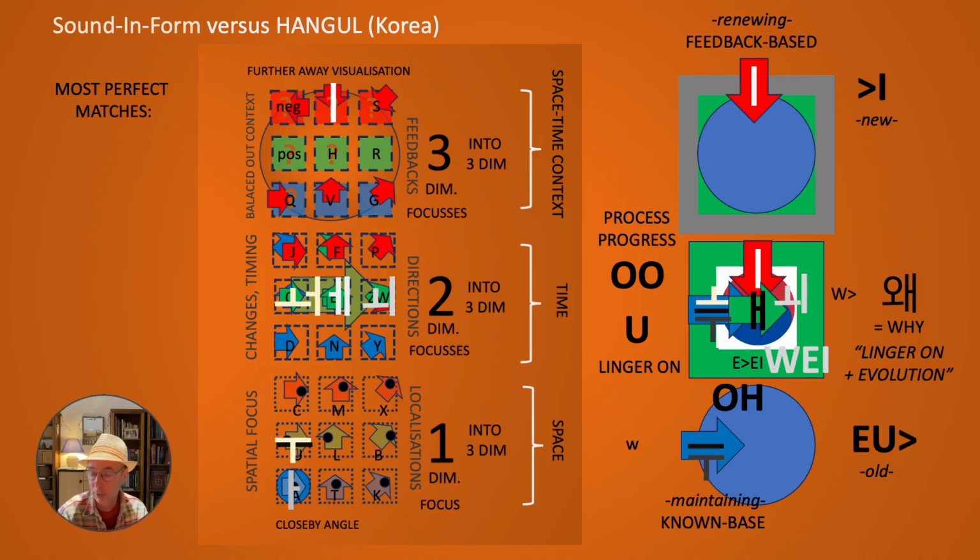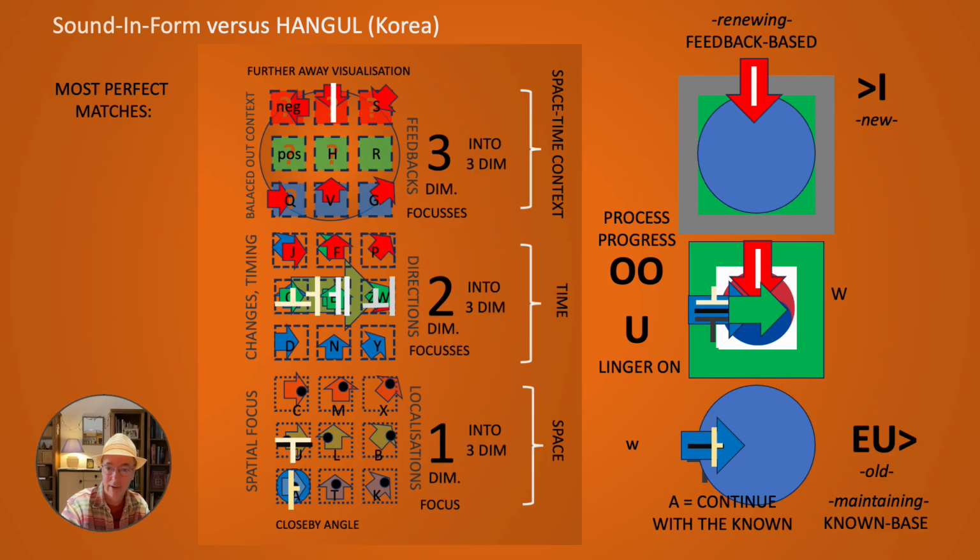With wae, it has a meaning also. It is a word, and it means why. It is that lingering on plus its evolution. So how long can I linger on? Its evolution is that question that is underlying. You can understand it from that basis on.